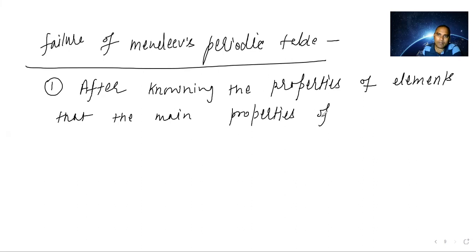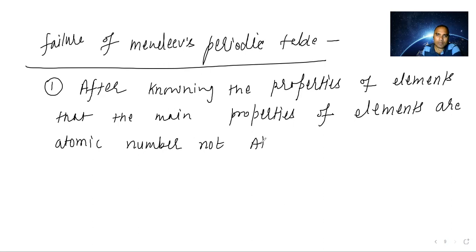The main property of elements is going to be atomic number, not atomic mass. You need to keep that in mind. Mendeleev arranged this periodic table on the basis of atomic masses. But after knowing that the main property of elements is atomic number and not atomic mass, this periodic table failed.